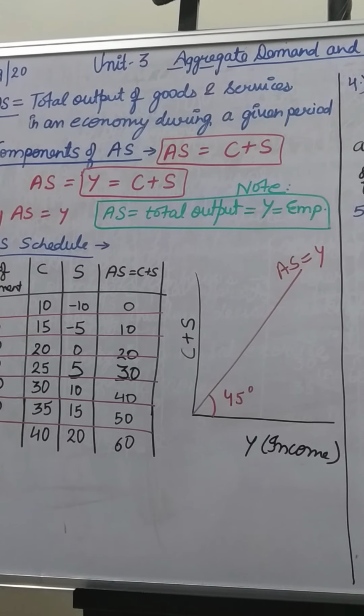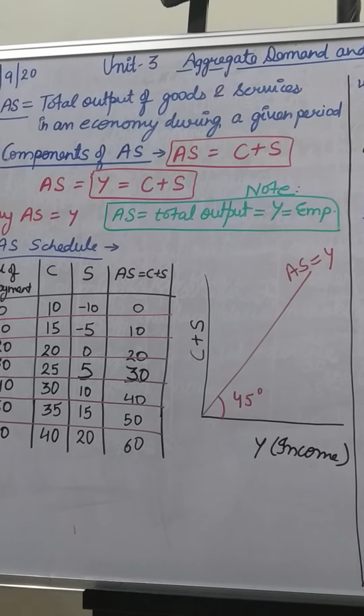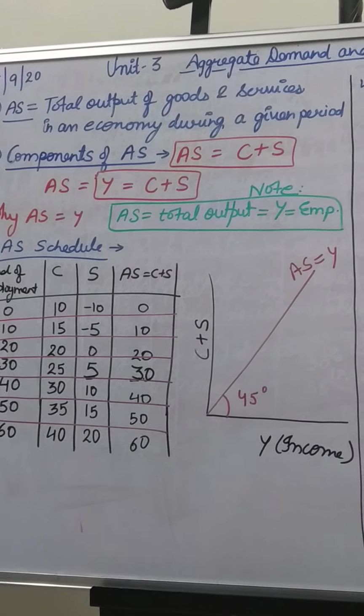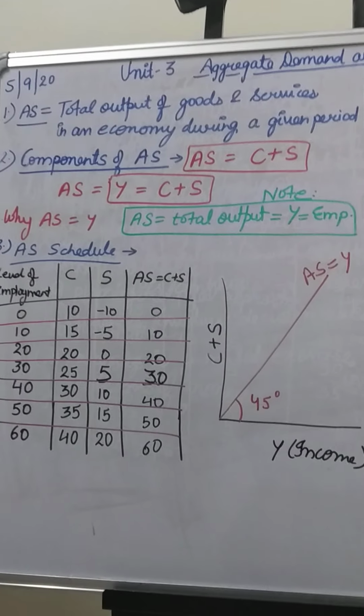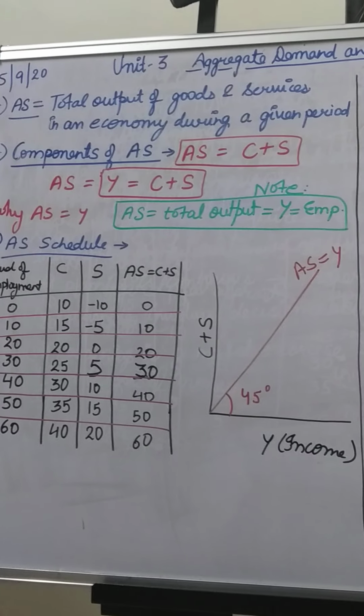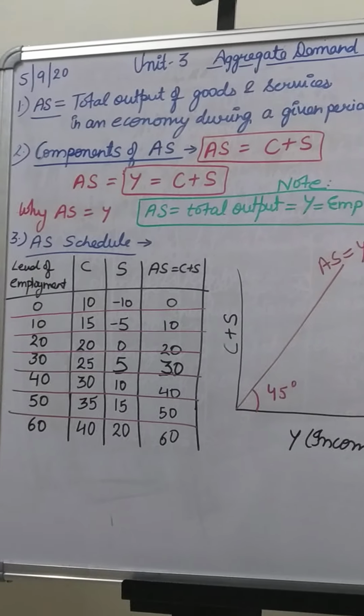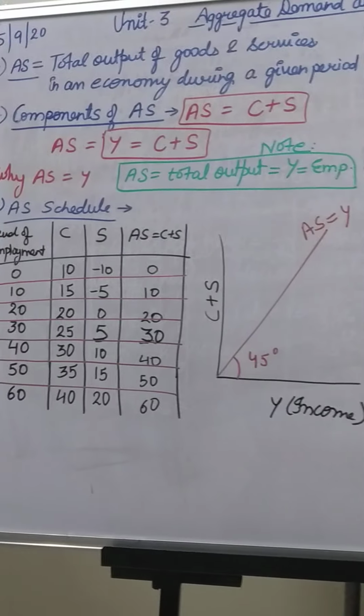So according to the circular flow of income, AS equals Y. Even yesterday I explained that income, output and employment are all equal to each other according to Keynesian theory. Now let's start with the aggregate supply schedule and its diagram.